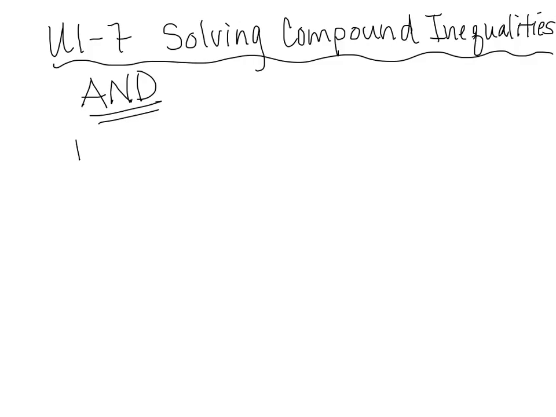So let's start here with an example of a compound inequality with the AND connector. So let's do -3 is less than 2x minus 1 is less than 5.